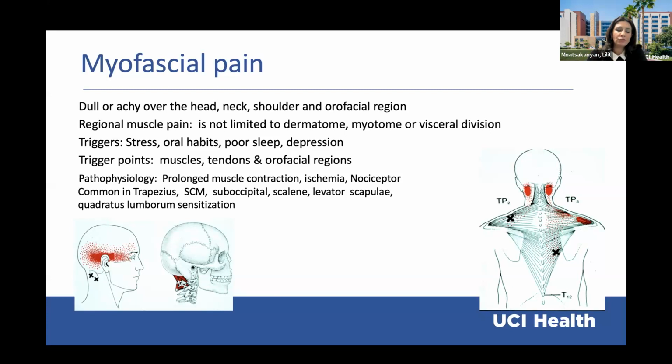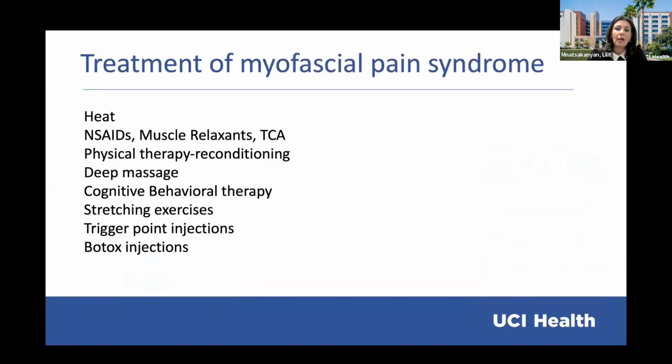It can be triggered by stress, oral habits, poor sleep, depression. Some of the trigger points include tendons and muscles, and the pathophysiology is poorly understood, but considered to be muscle contraction and ischemia. Some of the muscles that are commonly involved are trapezius, suboccipital, and posterior neck muscles.